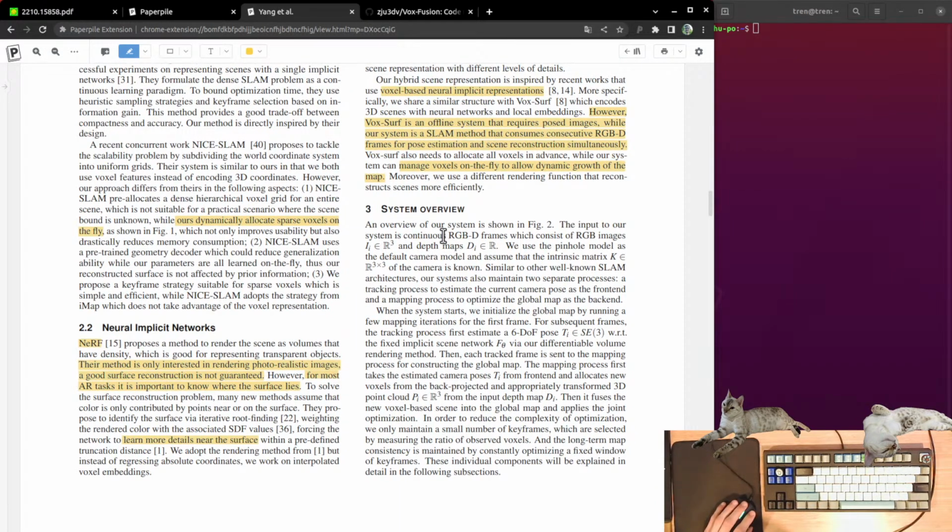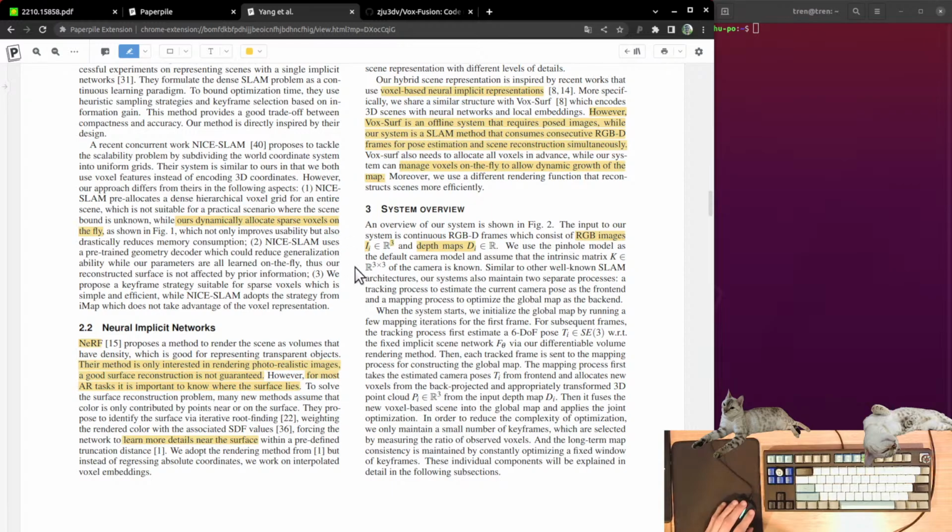"Input to our system is a continuous RGBD frames." Right, you have RGB images, which are three-dimensional, and then you have depth maps, D_i. So I_i for image, and then D_i for depth, and I'm assuming i is going to be the number of frames in a sequence.